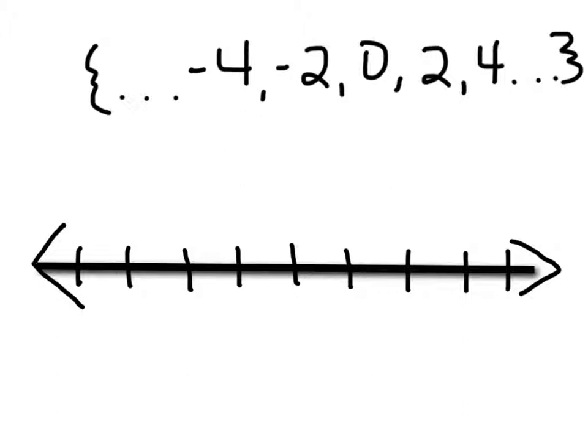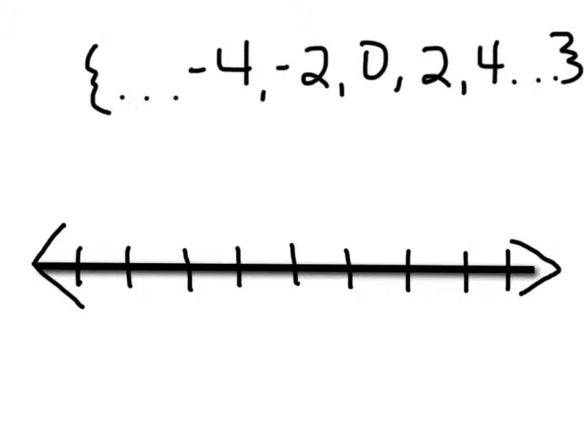Similarly, if you start with a set of numbers to graph on a number line and an ellipses is included in your list, you need to put dots on all the numbers and then make the arrow bold on whatever side your ellipses is on.